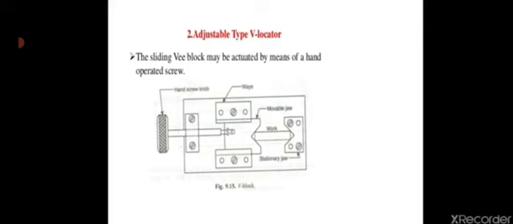The main body of the locator is fixed to the jig or fixture body, hence the V-locator slides inwards or outwards in the body to locate the workpiece. The V-block should be used correctly so that the variation in the size of workpieces does not affect location.